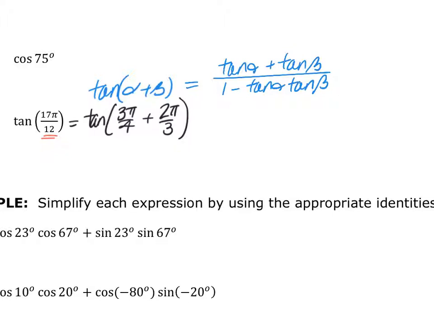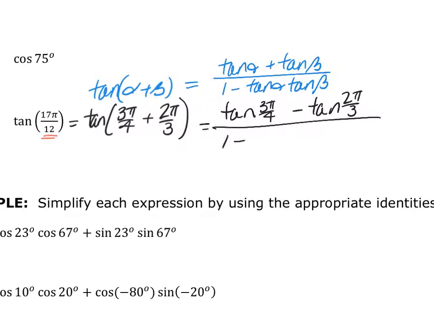Is that correct? Okay. So then I'm going to go ahead and put those values in, and so I have the tangent of alpha, which is 3 pi over 4, plus the tangent of beta, which is 2 pi over 3, divided by 1 minus the tangent of 3 pi over 4 times the tangent of 2 pi over 3.